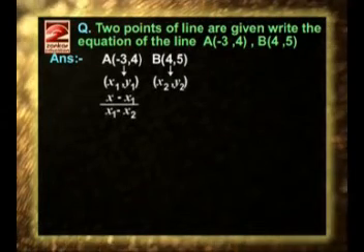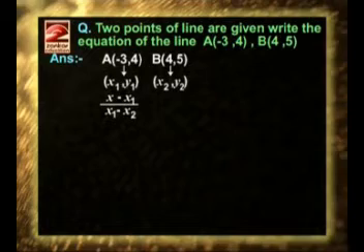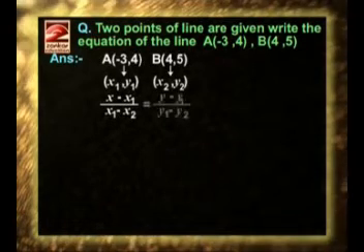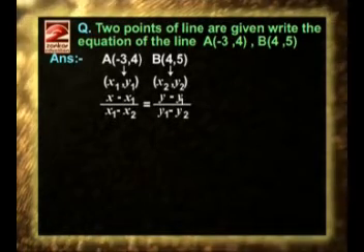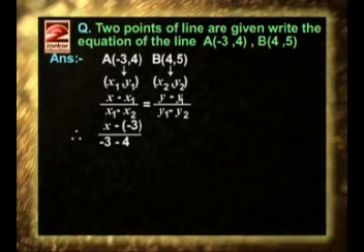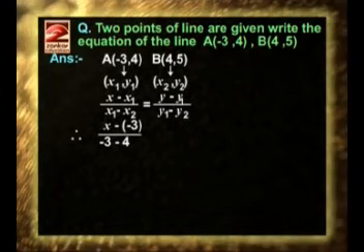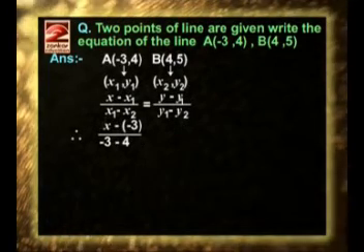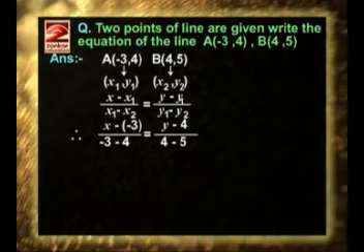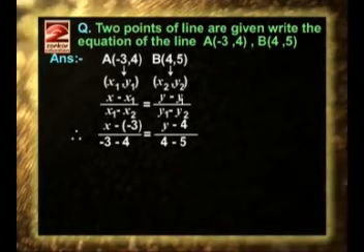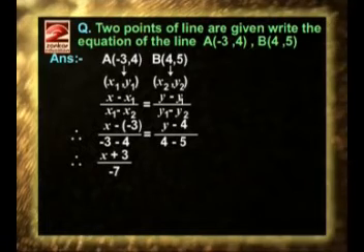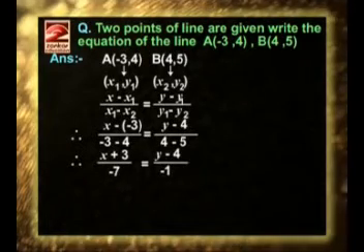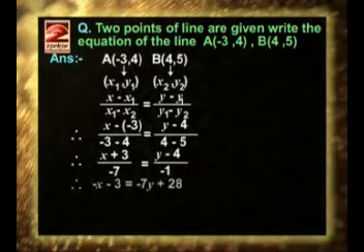The equation is (x minus x1) upon (x1 minus x2) is equal to (y minus y1) upon (y1 minus y2). Therefore, (x minus minus 3) upon (minus 3 minus 4) is equal to (y minus 4) upon (4 minus 5). Therefore, (x plus 3) upon minus 7 is equal to (y minus 4) upon minus 1.